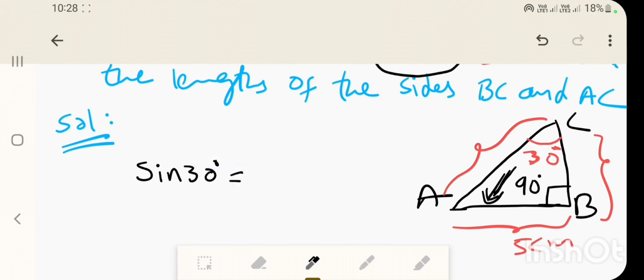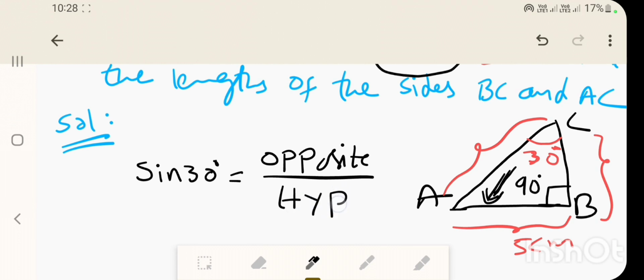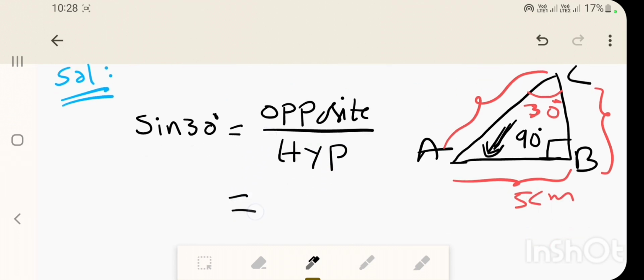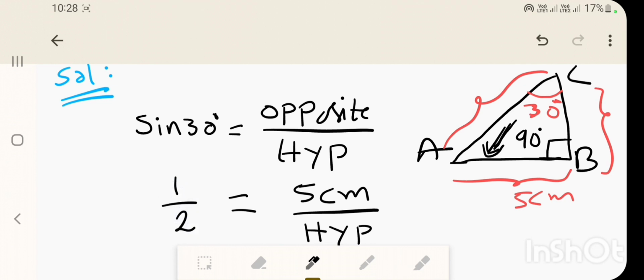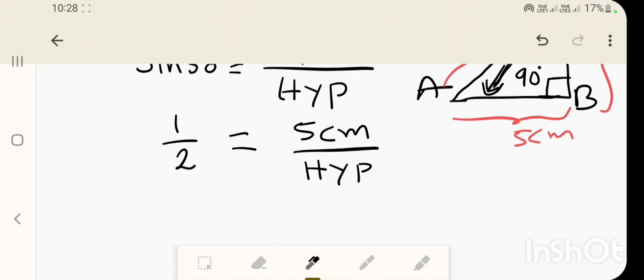Sine of an angle is the length of the opposite side divided by the length of the hypotenuse. The opposite side length, which they have given already, is AB, that is 5 centimeters, divided by the length of the hypotenuse, which is not given, and they are asking us to calculate. And we know that sine 30 is nothing but 1 by 2. This you have to remember. They won't give it in the question. Sine 30 you have to memorize. Sine 30 is equal to 1 by 2.